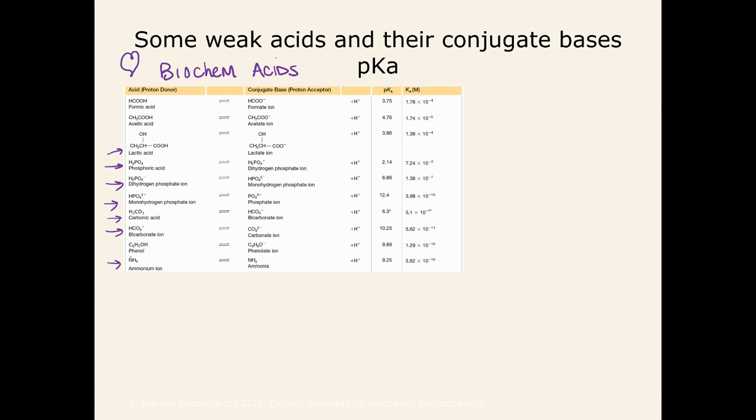Now, when we talk about them, we will talk about their equilibrium. And so I'm just going to compare a couple of them to each other. Let's look at phosphoric acid because it's such a common discussion in biochem. Okay, it's going to lose one H plus. So one less is H2PO4 minus.